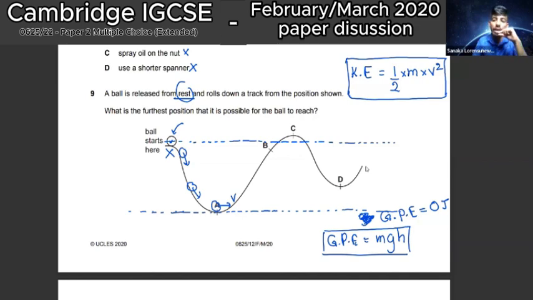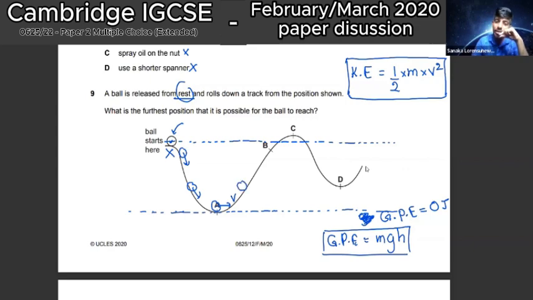The kinetic energy should be maximum because all the gravitational potential energy has decreased to zero. So at A, the kinetic energy is at its maximum.